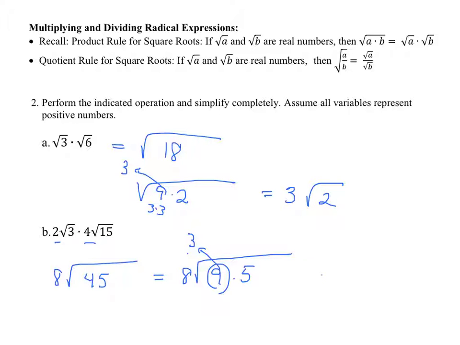And 3 times 8 is 24 square root of 5. Unlike addition and subtraction, your numbers are going to change underneath the radicals. But once you get into addition mode, you guys, the radicals are like, I'm staying as I am, okay?